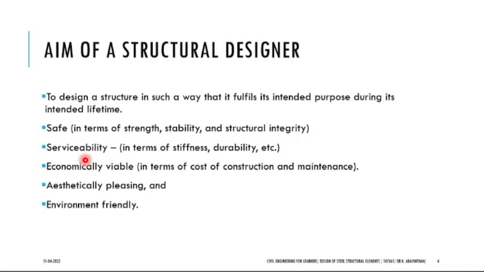You will include more material. For example, if you need a 300 by 300 mm square column cross section, that is 1 foot by 1 foot, and you construct the same building as a wind resistant structure, then your column cross section increases, because due to the wind load you will have lateral force.